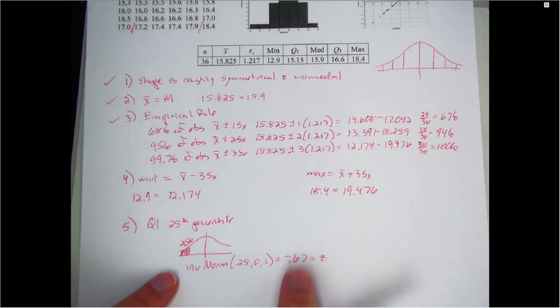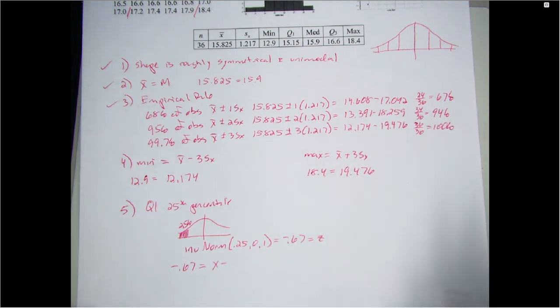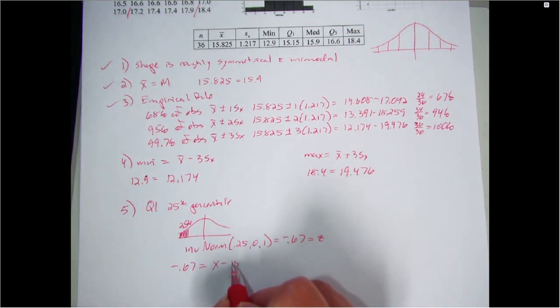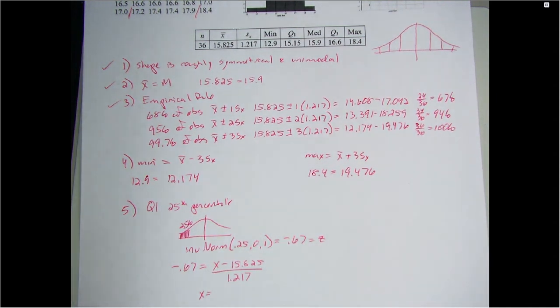Okay, so we have to take the z-score and figure out what observation it matches. Okay, so I'm going to put into my z-score formula, x minus the mean over the standard deviation, and then solve for x. And I get 15.15.